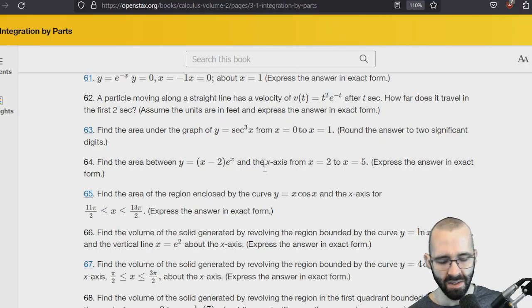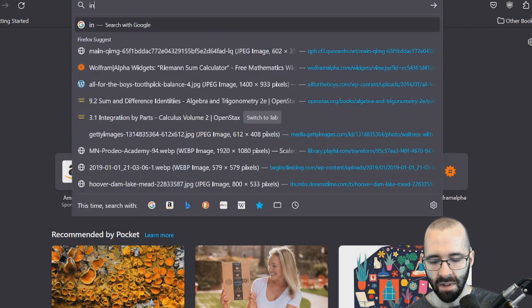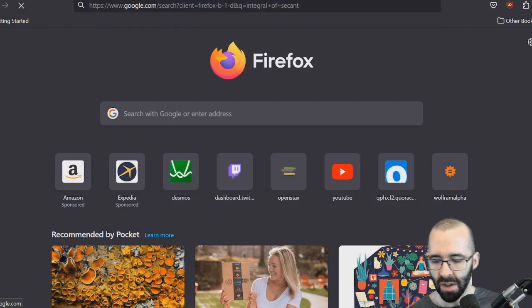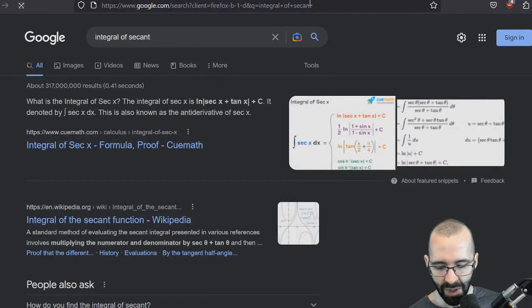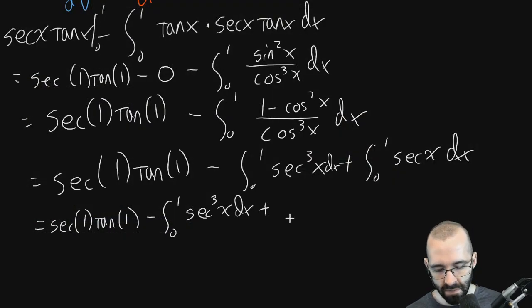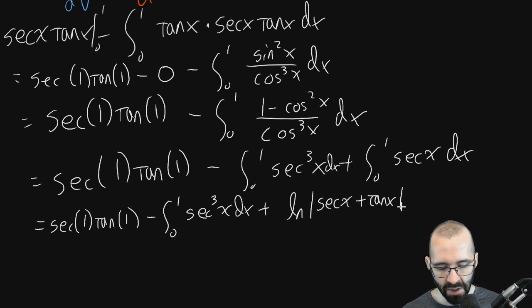We've done it before. I don't want to do it again. So I'm just going to skip that part because we've done it before. It's natural log of absolute value of secant plus tangent. Again, you can use integration by parts on this guy. Evaluated from 0 to 1.